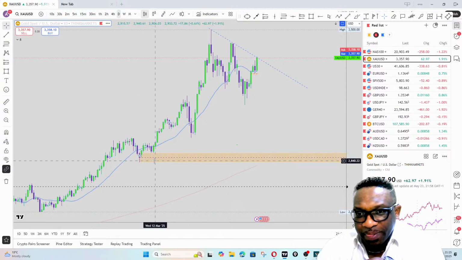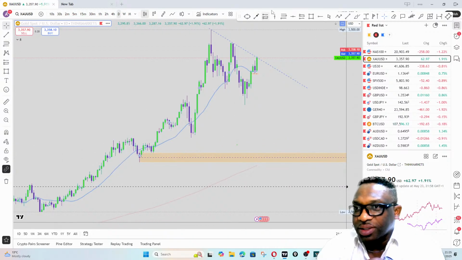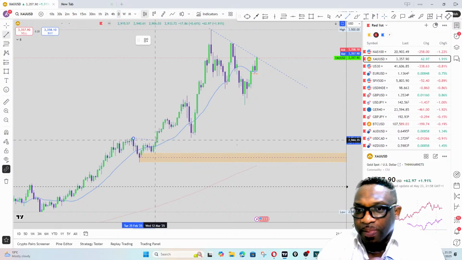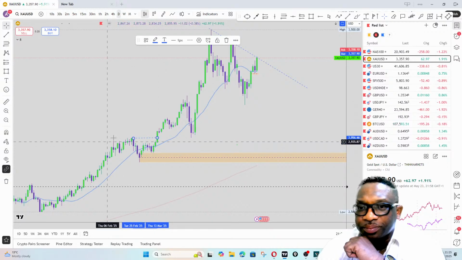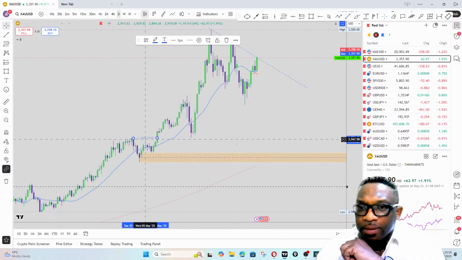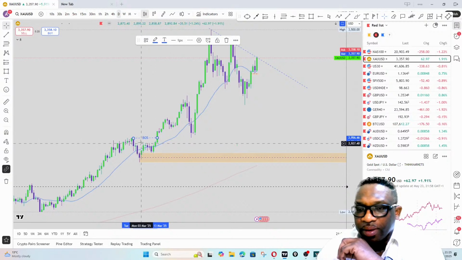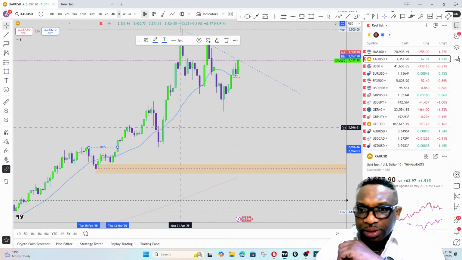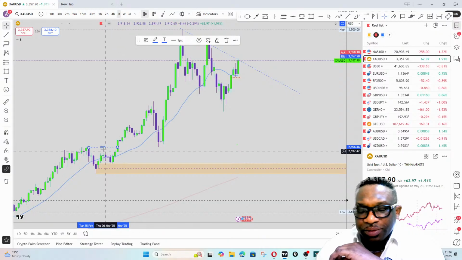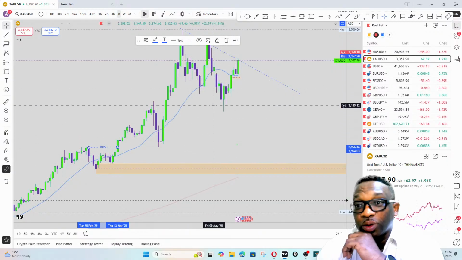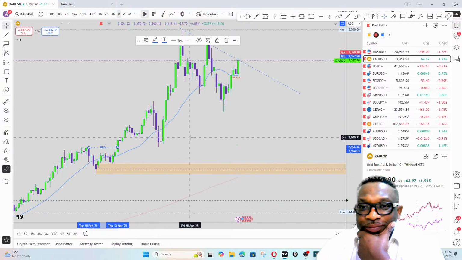So we have a break of structure right here. So the idea is, once you have a break of structure, you expect price to come back to that zone to test it before pushing up, or to continue the upward move if it's in an uptrend.